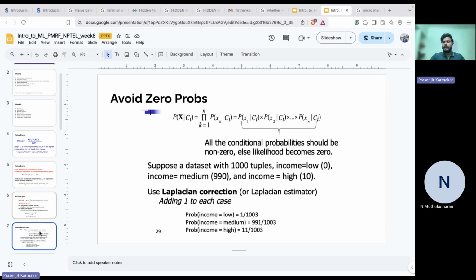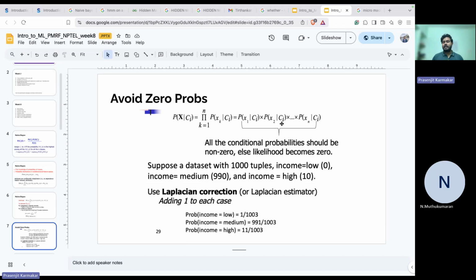Now, avoiding zero probabilities. It's a multiplication operation between all the feature components. So if one component becomes zero, let's say it's a categorical feature and it doesn't have any value for, say, small. It has only medium, large, and very big. If I query it with small, then it will get a 0, 0 divided by the entire data where C1 is, let's say, cat.